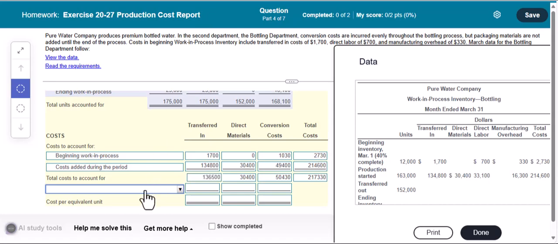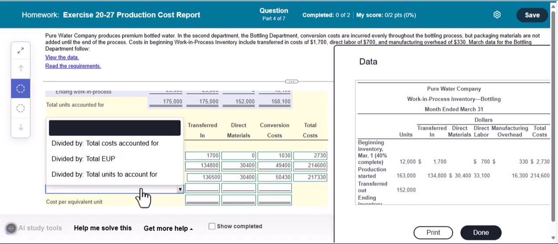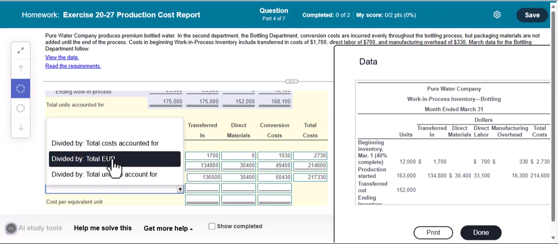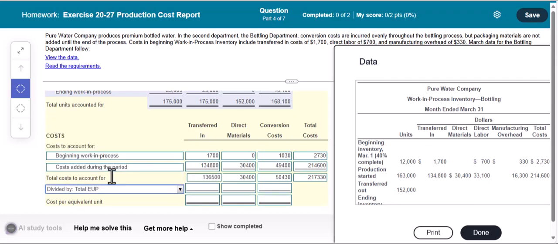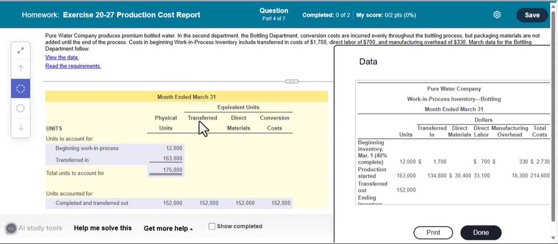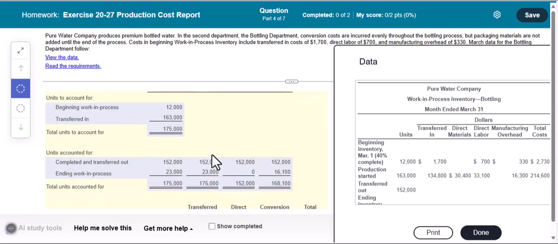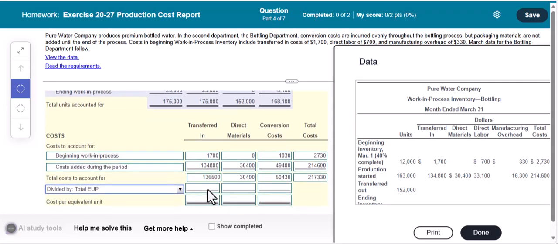So next up, we need to divide by total EUP, equivalent units of production. So notice for this column transferred in, that's the one we're looking at, and that it matches when we scroll back up. So for transferred in, that is going to be that 175,000 units, total units accounted for there. So we're going to go ahead and bring that down.